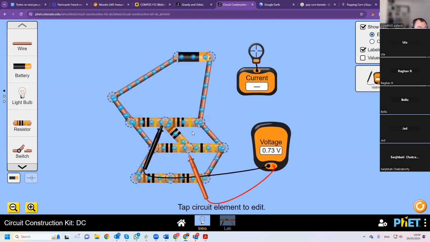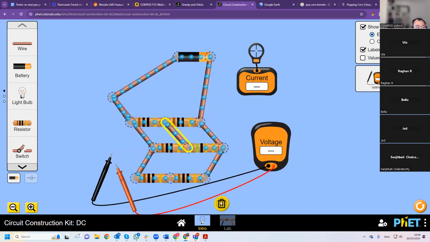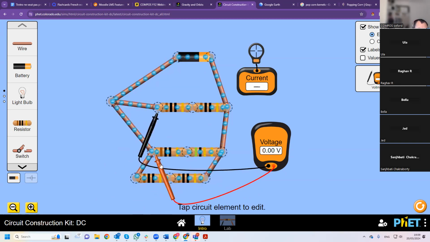Current will flow through a wire because the wire has 0 resistance. Because if you remove the wire here, the voltage here is 0, right? And yet it looks like current is flowing.